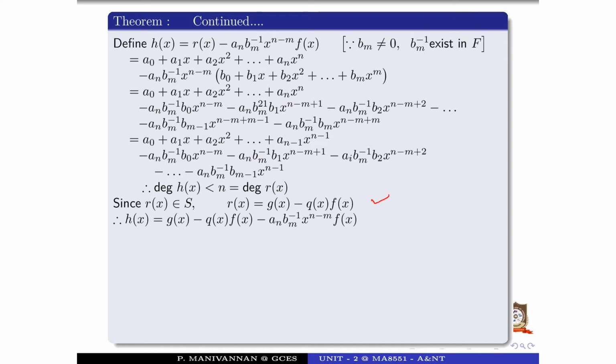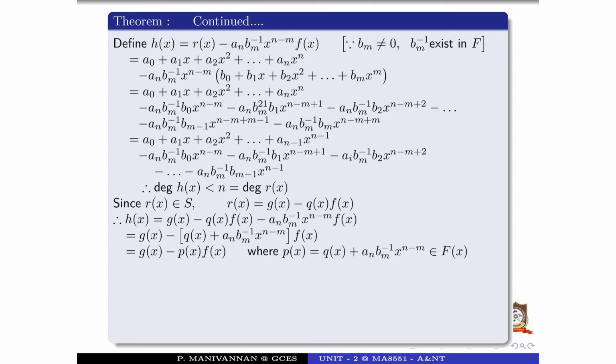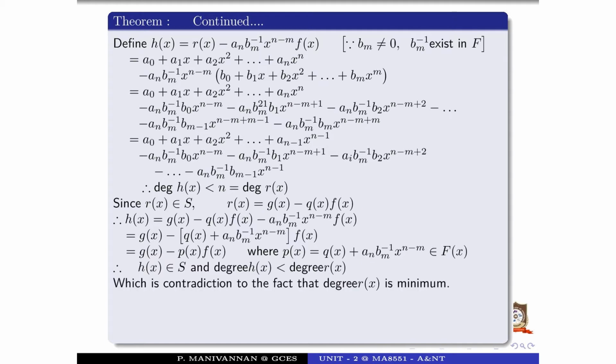Therefore h of x equals, putting in R of x and simplifying, taking f of x outside, g of x minus p of x into f of x, where p of x is this bracket term. This belongs to F of x. Therefore h of x belongs to S and the degree of h of x is less than degree of R of x, which is a contradiction to the fact that degree of R of x is minimum. Therefore degree of R of x is less than degree of f of x.